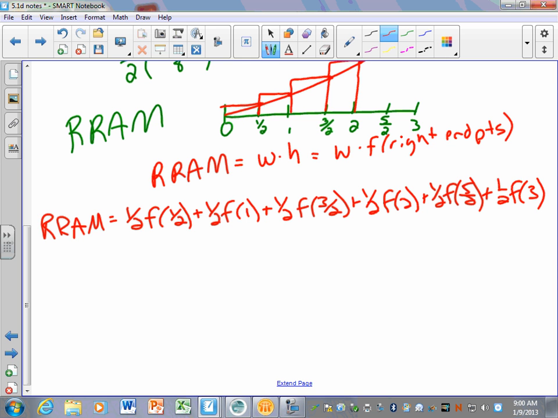Some people go back and use their left-handed ones that they already did, and maybe just add one more to it, because on the left-handed RAM we used 1/2 and 1 and 3/2 and 2 and 5/2. And all we have to really do is add this to it, because that 0 is 0, so maybe you notice that. It's a great thing to do, but I'm just going to show it works here.